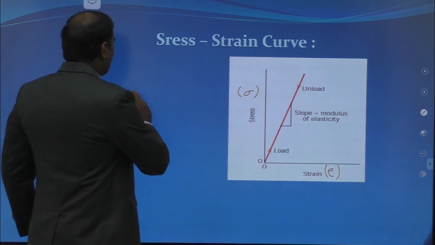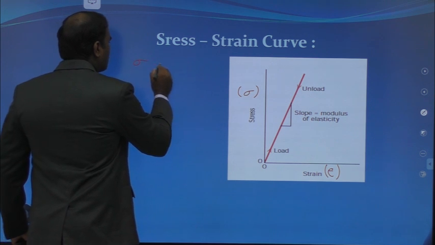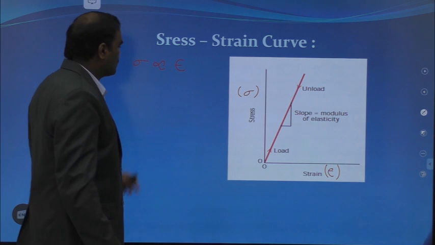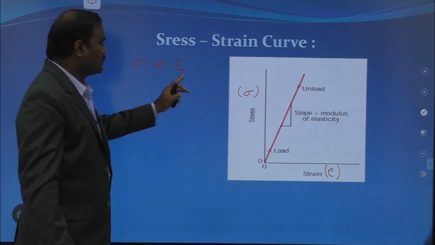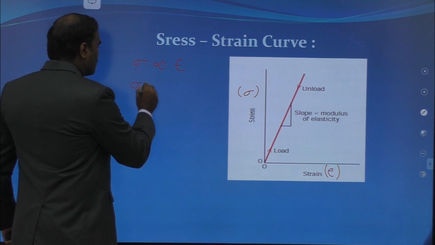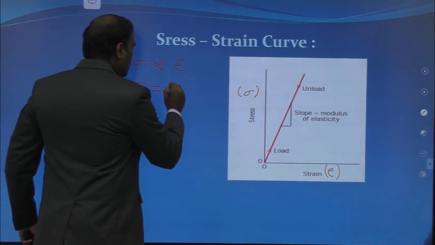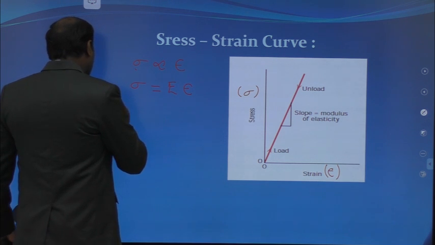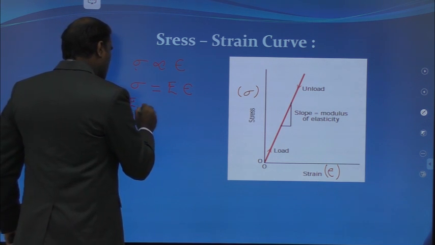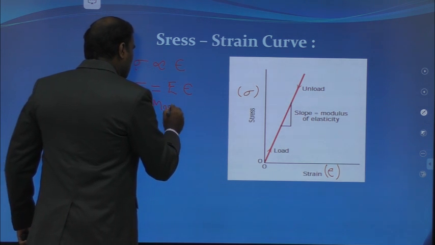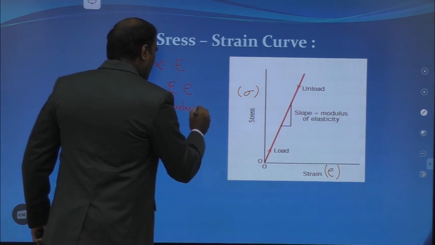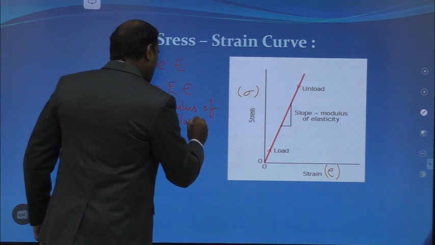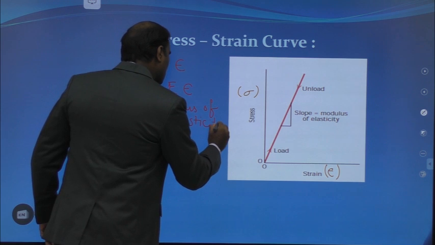Now Hooke's law is sigma is proportional to epsilon, that is, stress is directly proportional to strain. Now sigma is equal to E epsilon, where E is the modulus of elasticity.